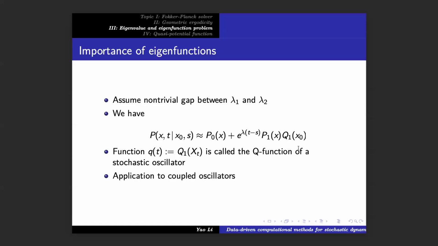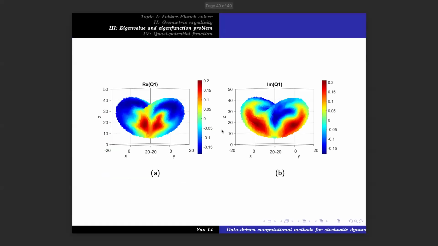That's why we can apply this to the coupled oscillator, and then we can really understand intrinsically how a coupled oscillator works. So that's why you can say that this is Lorenz. If you evolve with the Q function and the first eigenvalue, then you can see that it actually evolves along these two wings of a butterfly like this.